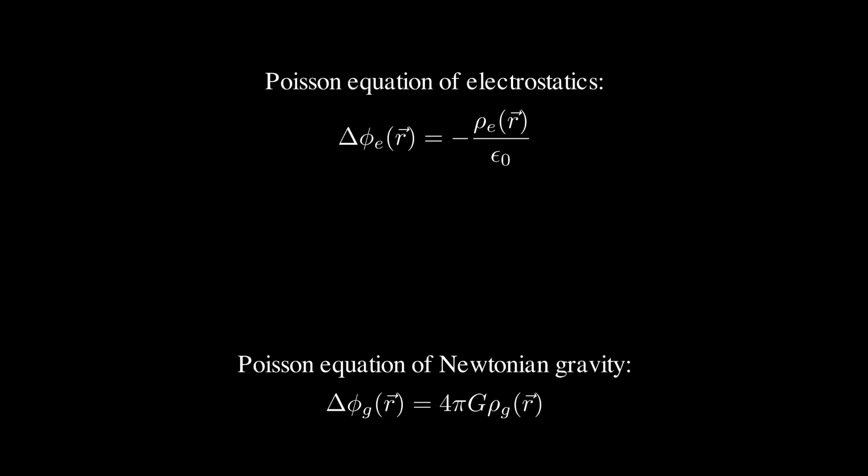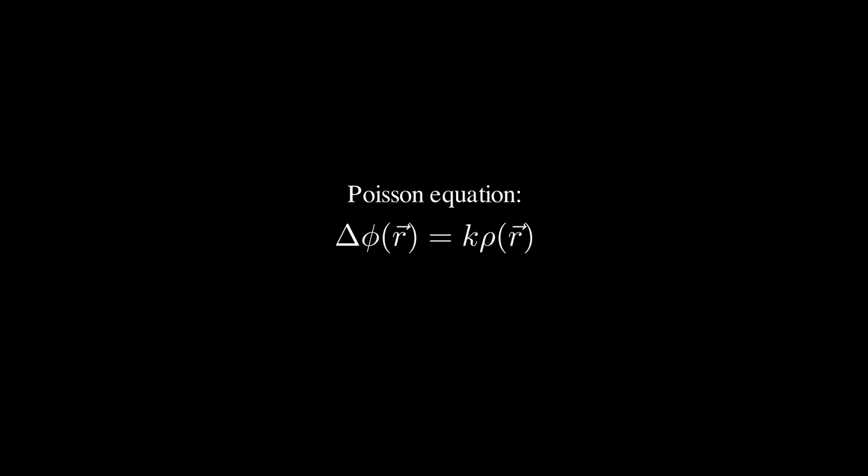The only differences are the prefactors and signs, which arise because different constants of nature are involved, and in electrostatics charges with the same sign repel, while in gravity masses always attract each other. Because of their similar structure, let us write both equations as the Laplace operator acting on our scalar field phi equals the density times a constant k that can be positive or negative, and we call this simply the Poisson equation.